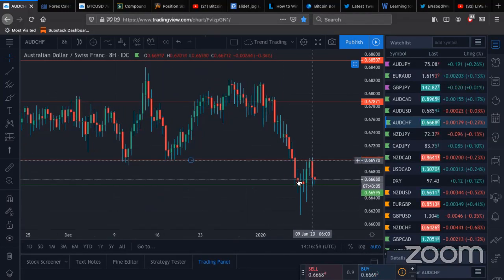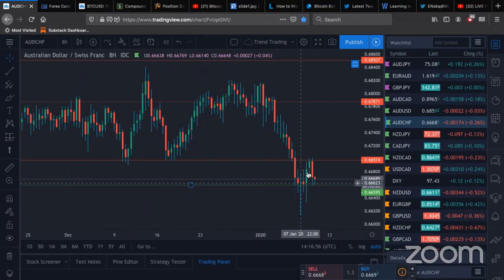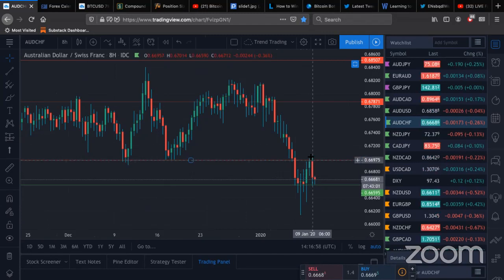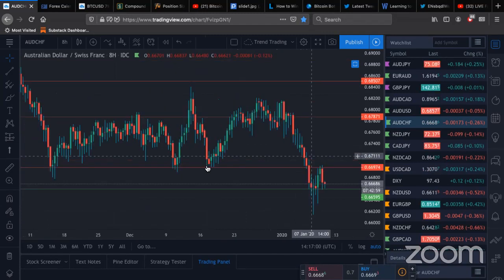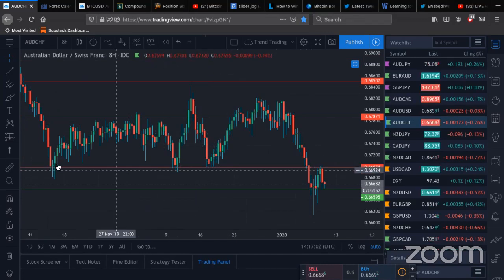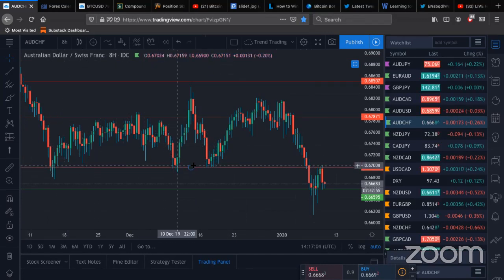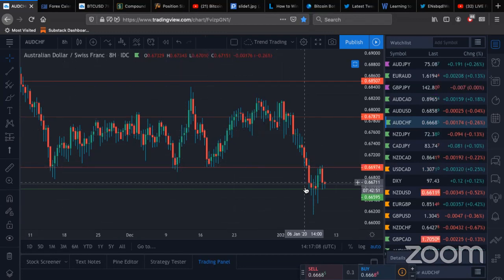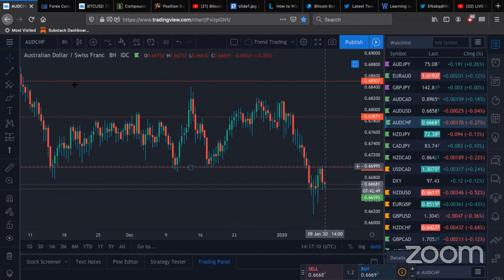You could see that price came back up into that resistance, and why it's a good resistance. Look over here, you see this was a pretty strong support. And when a strong support is broken, it's then a good resistance. Much better than when you were looking at the US dollar Swiss franc.